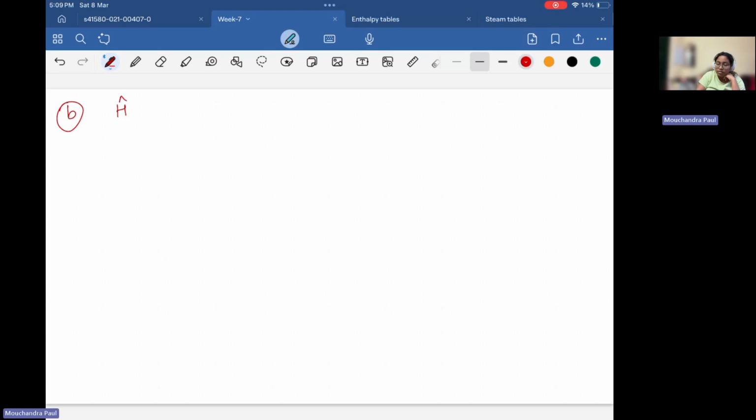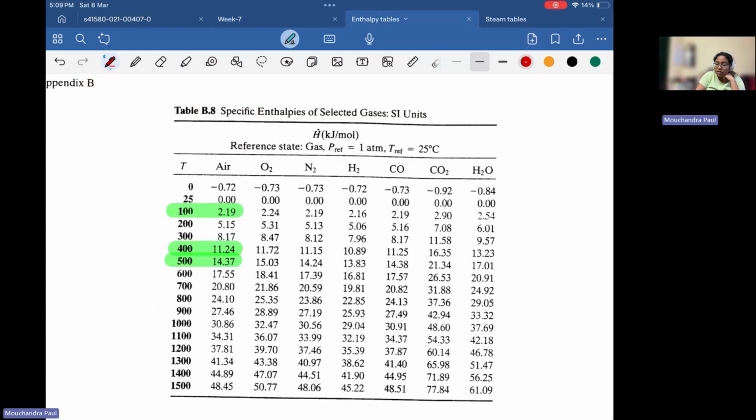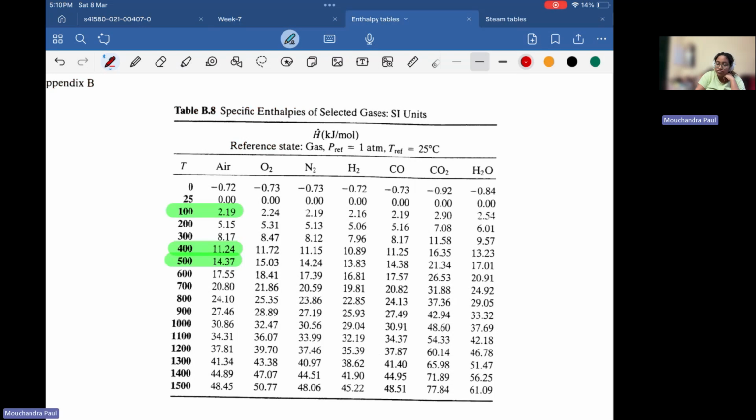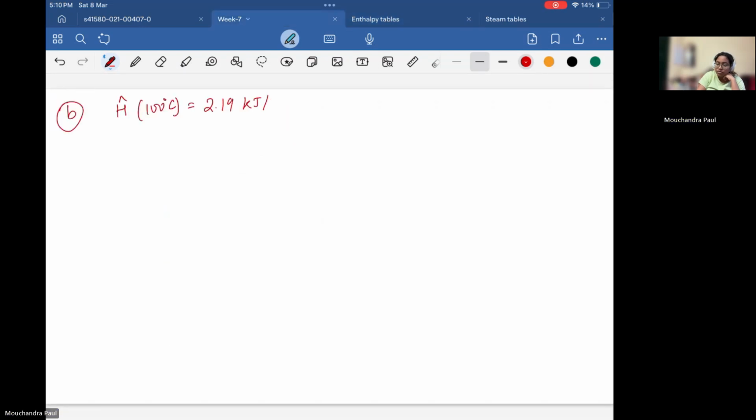First, let's write the enthalpy at 100 degrees Celsius that we already found. It is 2.19 kilojoule per mole. Enthalpy at 430 degrees Celsius will be obtained from linear interpolation.